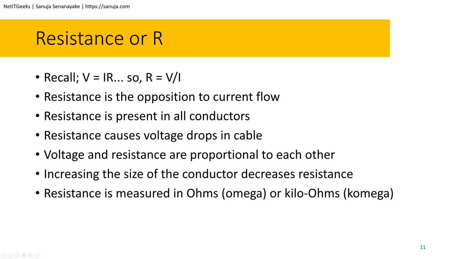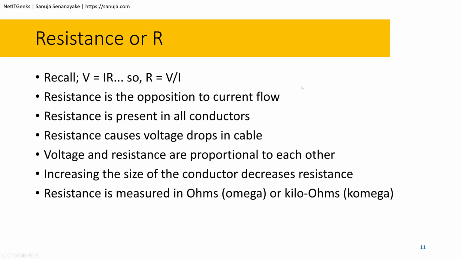Resistance is the opposition to the current flow. As I mentioned before, resistance is present in all conductors. It doesn't matter whether it's a copper wire, an aluminum wire or some other wire. It doesn't matter whether it's a stranded or a solid core wire. Resistance is always present in all conductors. You can reduce the resistance, but you can't get it to zero.